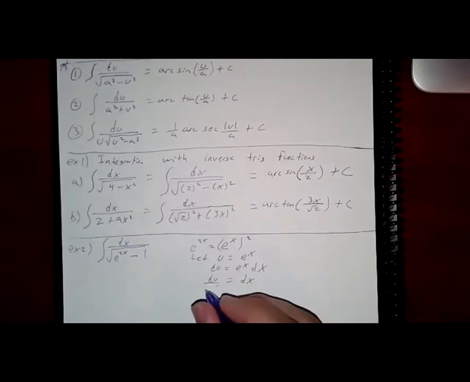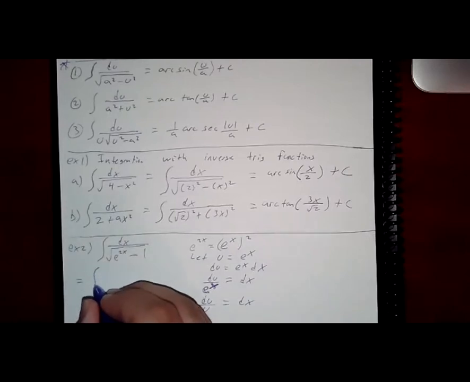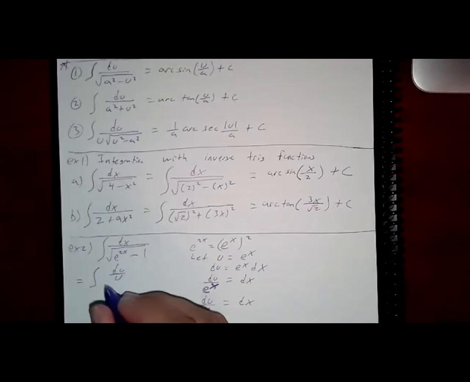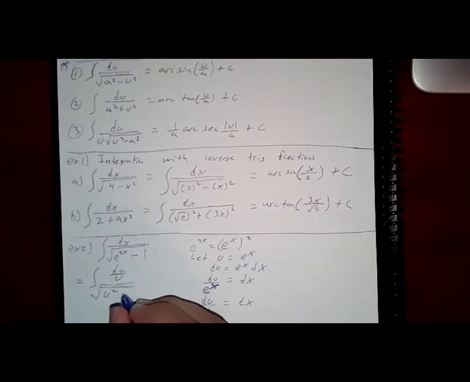This is a weird question, but I think it's going to work out. So we said u is e to the x, right? So this is really what? du over u, isn't it? Yes. So that means that we have du over u over the square root of u squared minus 1.